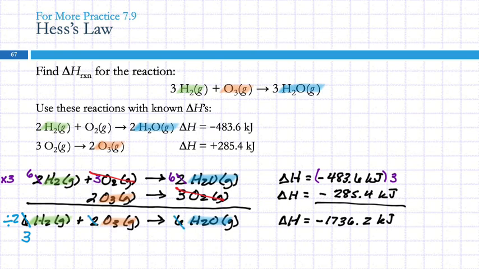And this becomes 3. And then I'm going to divide this by 2. So negative 1736.2 divided by 2. Delta H for this guy is negative 868.1 kilojoules.